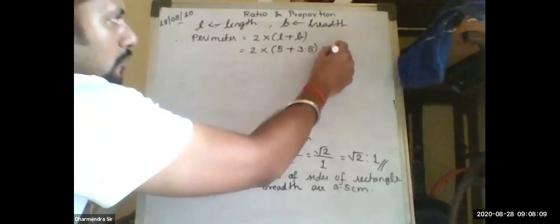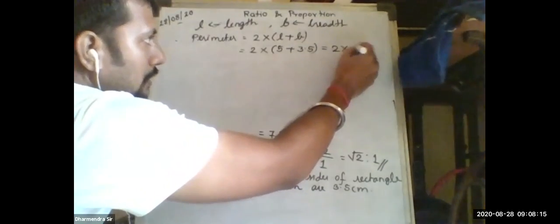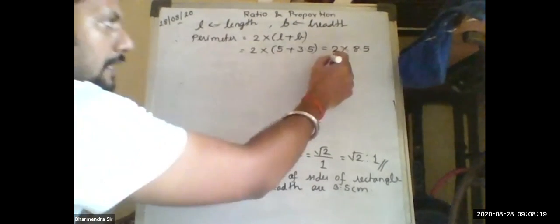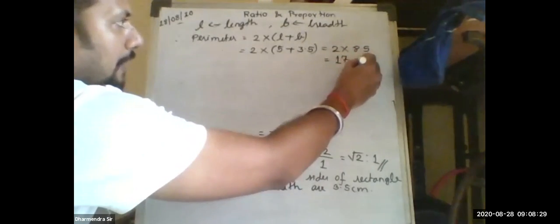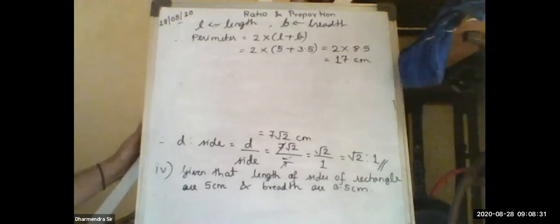So 2 into 5 plus 3.5 is 8.5 centimeters, and is equal to 8.5 into 2. So this is 17. You can calculate it, very simple calculation. 17 centimeters.